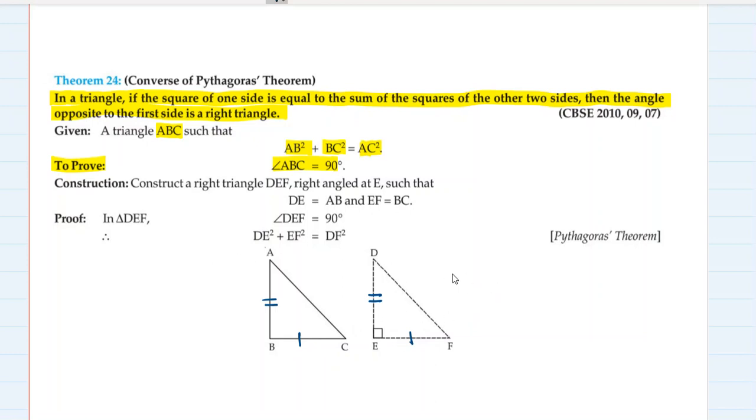Now, if you see triangle DEF, in triangle DEF, angle DEF is 90 degree because we have constructed it. So by Pythagoras theorem, can we say that DE square plus EF square is equal to DF square? Yes, sure, we can say that.